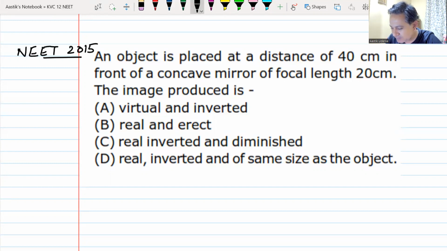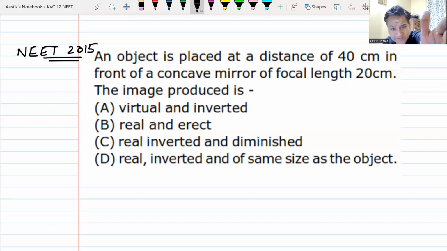These are the type of questions that you are going to encounter, a question which you will read and answer. An object is placed at a distance of 40 centimeters in front of a concave mirror of focal length 20 centimeters. The image produced is... four options.